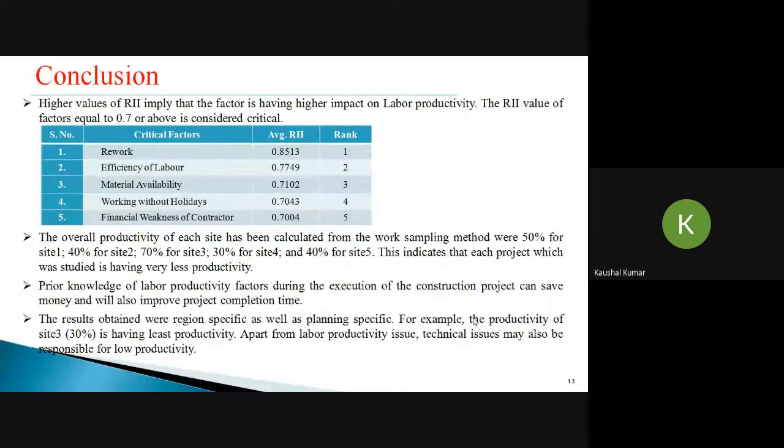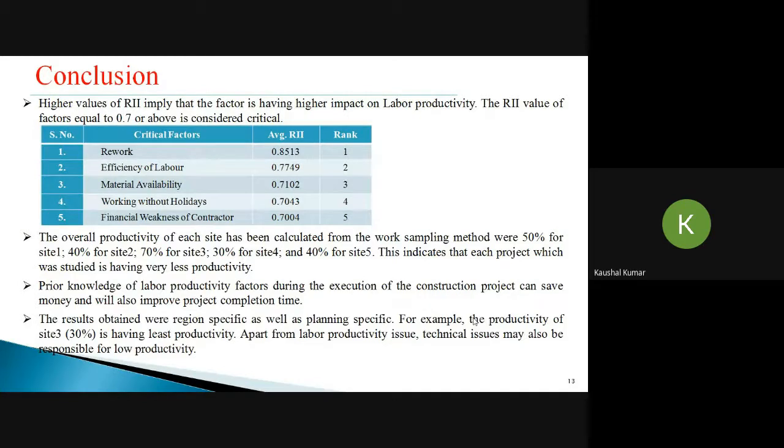Based on that, we conclude that the overall productivity of all the sites is very low. For site 1 it was 40%, for site 2 it was 50%, for site 3 it was 40%, the fourth was 70%, but for the fifth it was very low. So it indicates that a productivity study must be carried out.